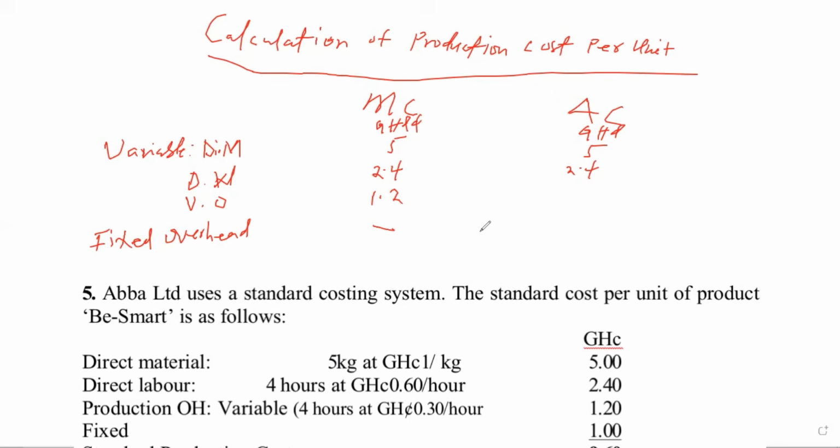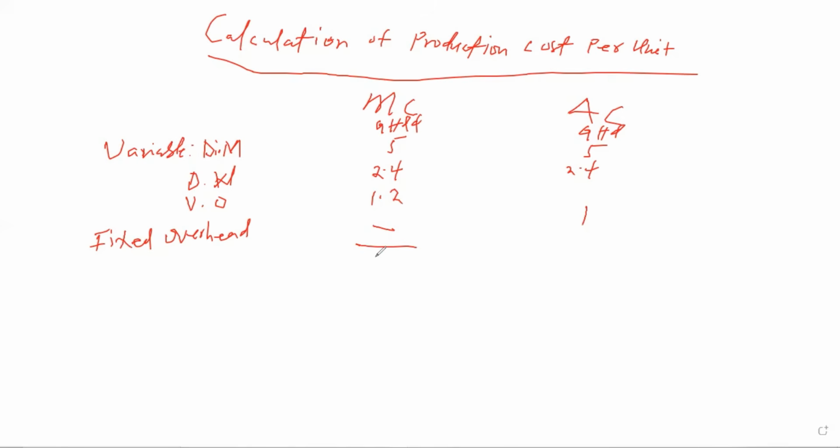Then when we come to absorption costing, we treat the fixed overhead. In the question, the fixed overhead per unit is 1. So when we add all these three, we have 8.60.